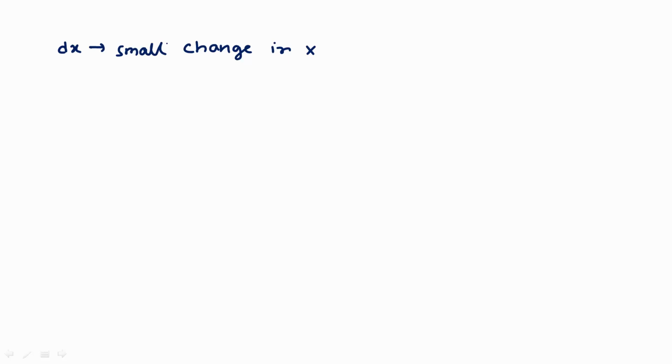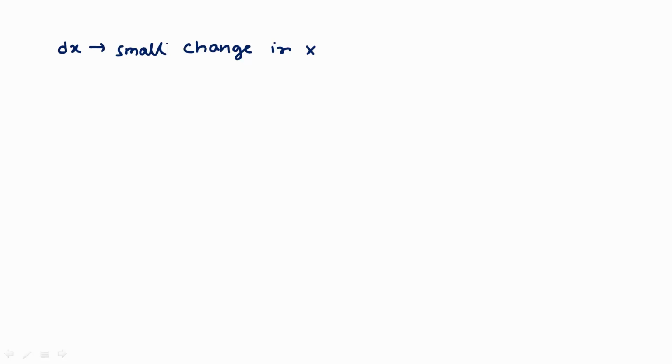So when you see dx, think small change in x, and when you see delta x, think big change in x. From now on, whenever I say change in x, I mean small change in x. How small a change am I talking about? The smallest change that you can imagine is represented by dx.